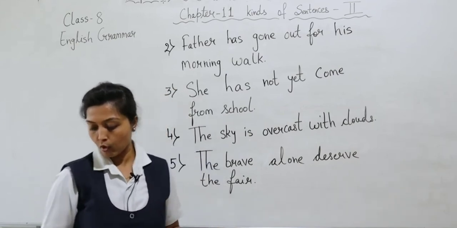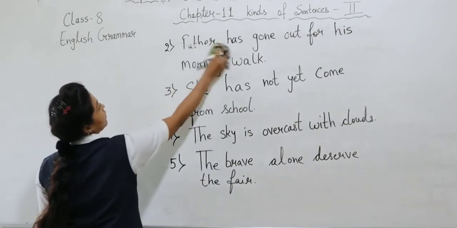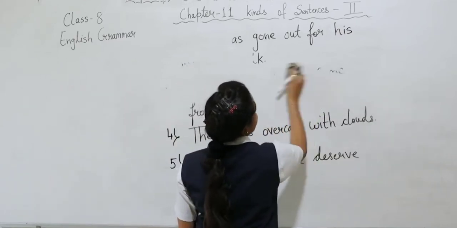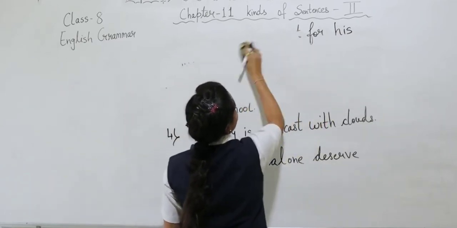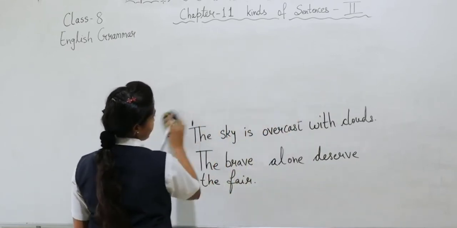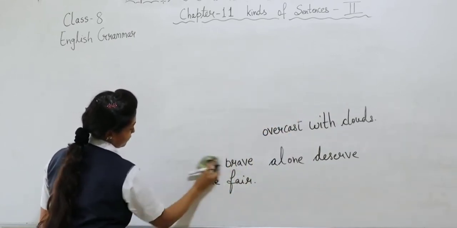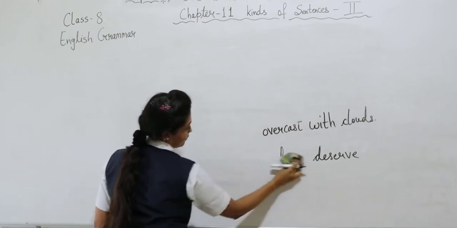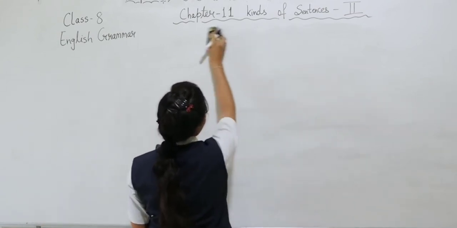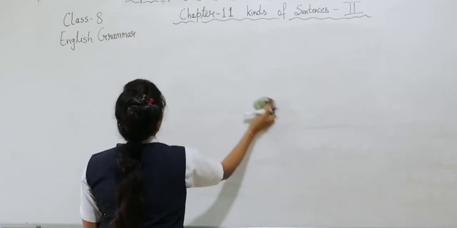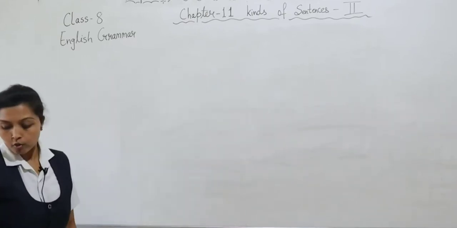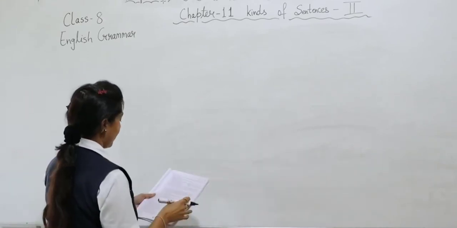Now, let's move on. Second one, compound sentence. Whatever I am writing here on board, when I instruct you, you have to write down in your notebook. So, make sure of that.